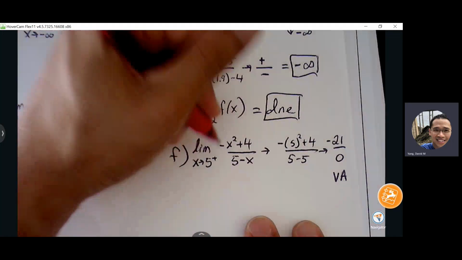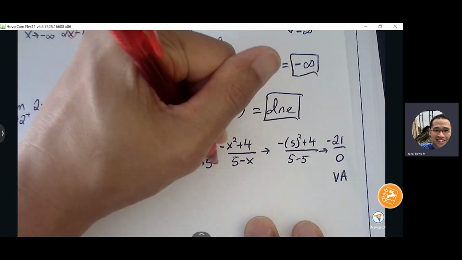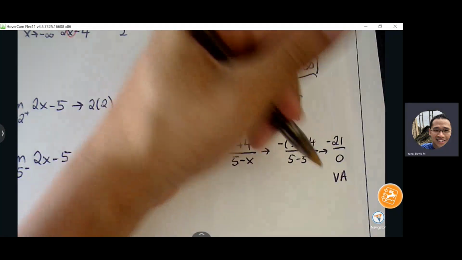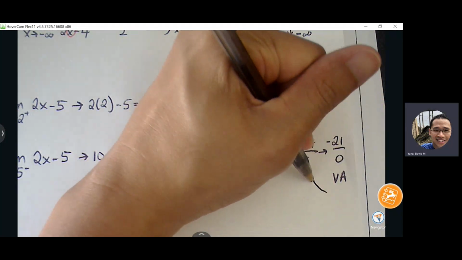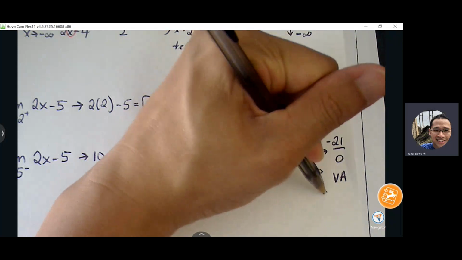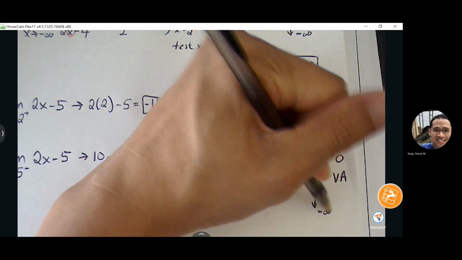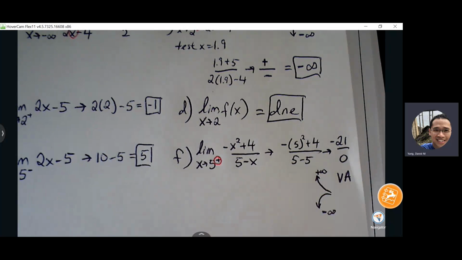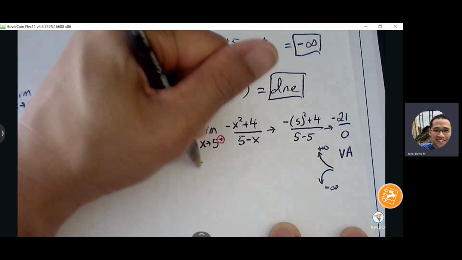But now we go back and realize it's not asking for the full limit. It's just asking for the behavior from one side. So you know there's only two options, right? It's either headed up or it's headed down, because it's going to hit that asymptote wall. So now we can test what? 5.1.